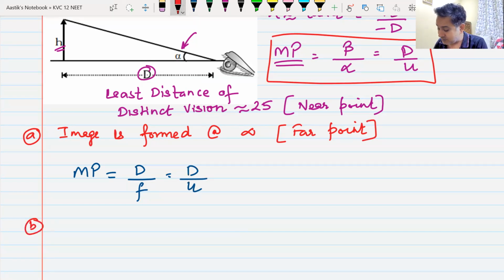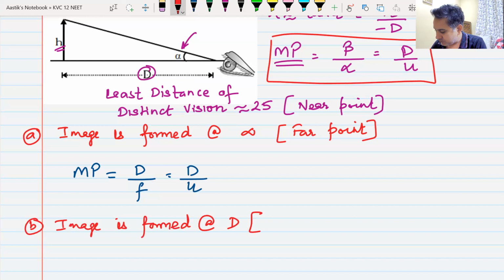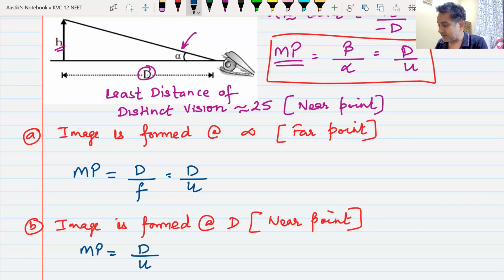Yes, sir. Now case number 2 occurs when the image is formed at d. When I say d, it is the least distance of distinct vision. You can also call it the near point. In that case, what we do is that we put the value of d by u from the lens formula.